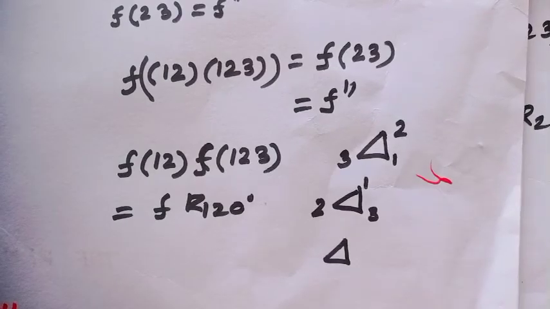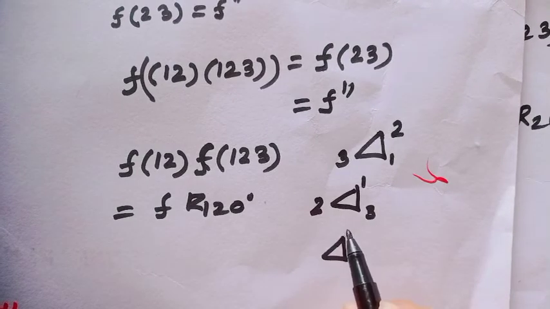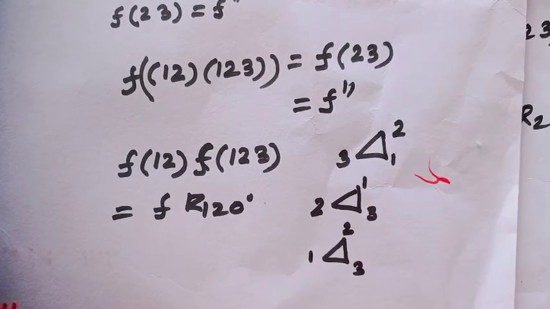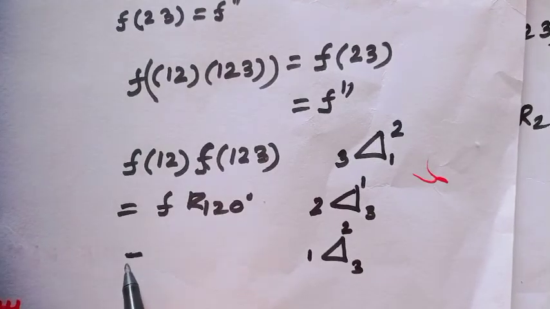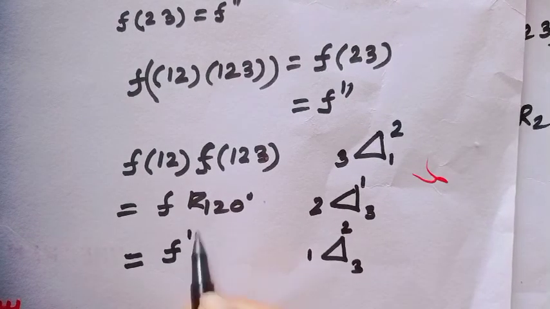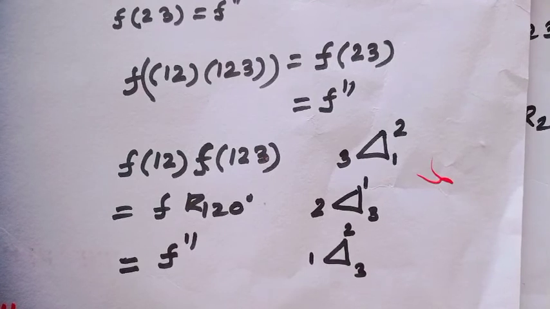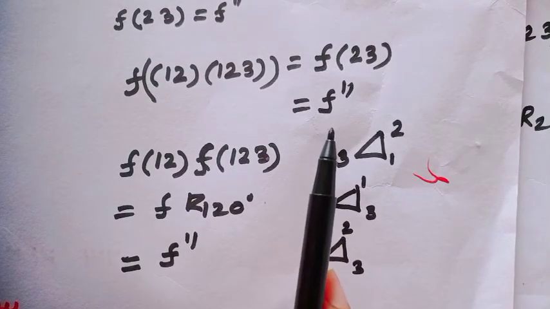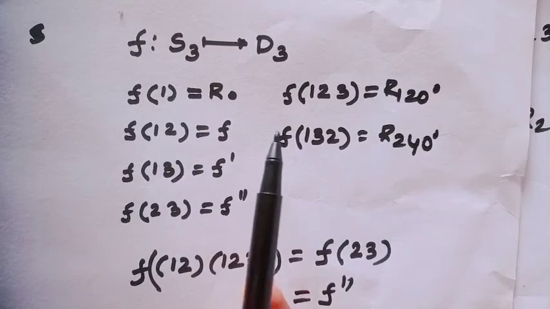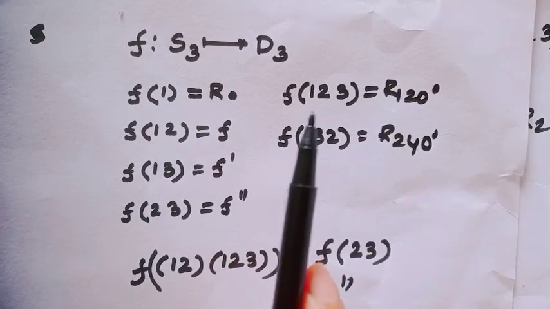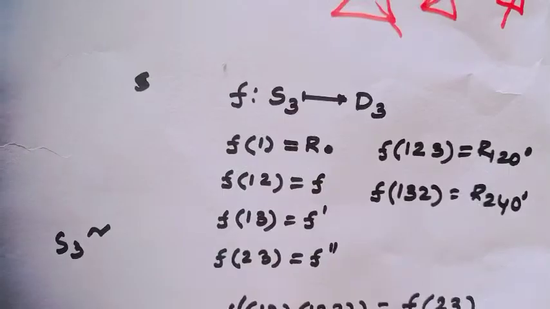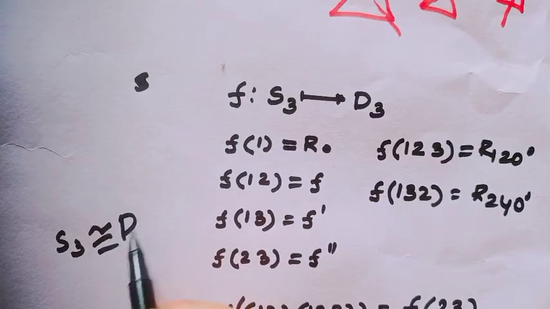After flipping around f, this gives 2 to 1, and this is equal to f double prime. So our homomorphism condition is satisfied here. So this map is a homomorphism and one-one onto both. So we can tell S3 is isomorphic to D3.